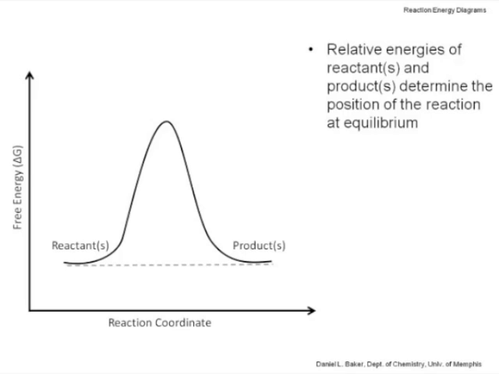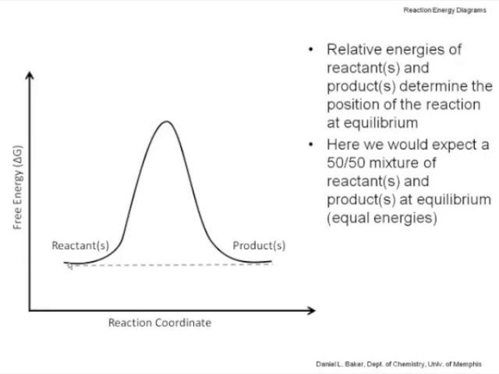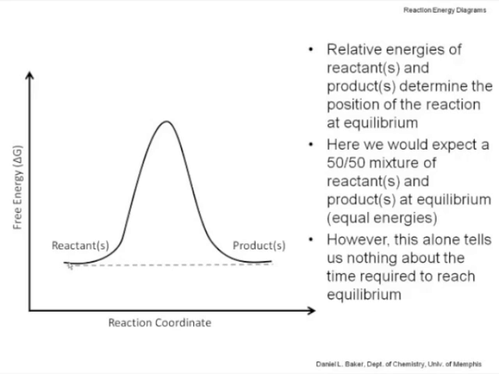We're just as likely to go from reactants on the left-hand side up over this big mountain to products over here as we are to start from products, go up over the mountain and back down to reactants. So it's only the position of the reactants and products that determine the position of the reaction at equilibrium. And as we said here, we'd expect a 50-50 mixture because the reactants and products have equal energies.